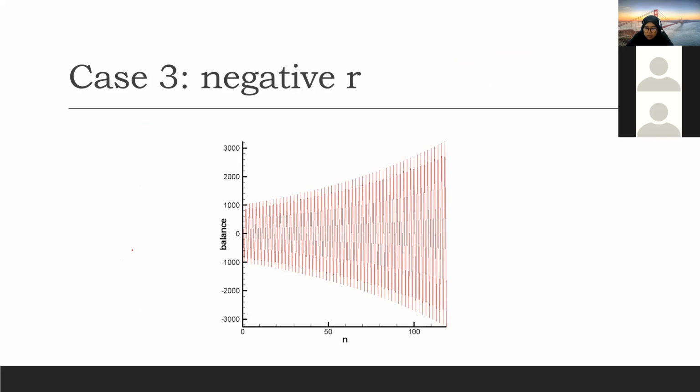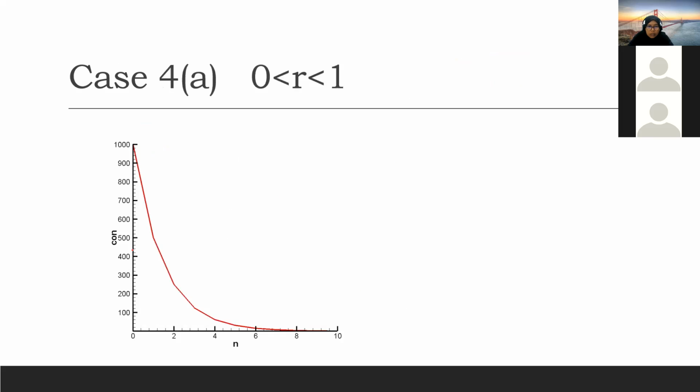The solution is unstable. It's growing. Case where we have positive, but the value is between 0 and 1, so the rate is like 0.01. In this case, this is stable, and the solution is going to be 0 when t goes to infinity.